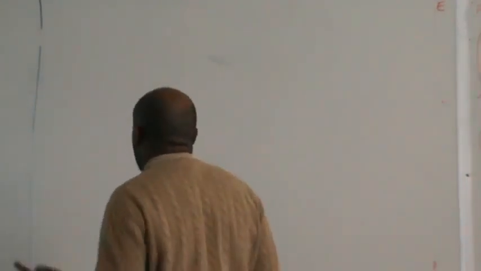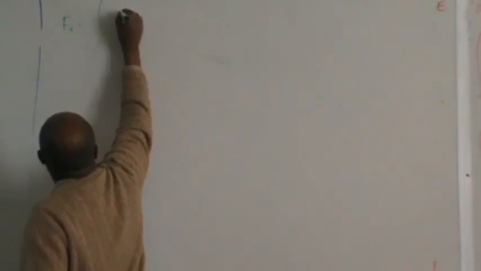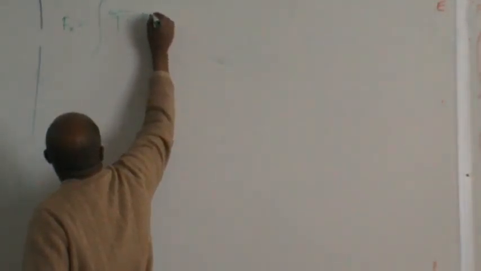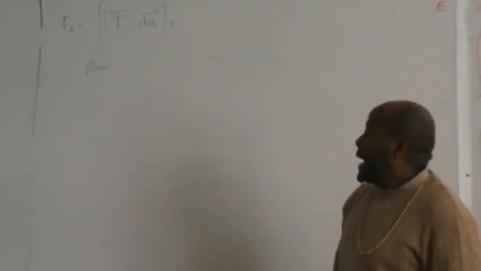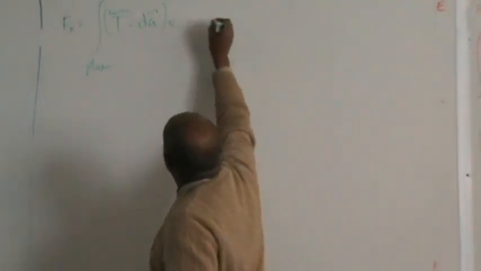Now just look at the results for the force for the x component. Fx is going to be the integral of T dotted with dA, x component, over the circular plane.